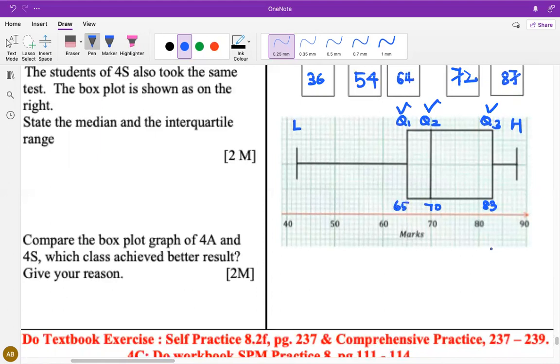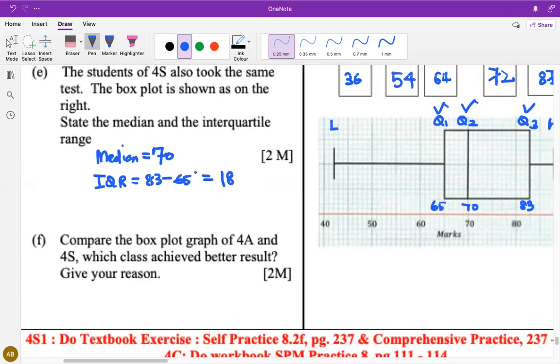All right, so our median is very straightforward, 70. And the interquartile range is 83 minus 65. So you get your answer, 18. All right, so this is E.